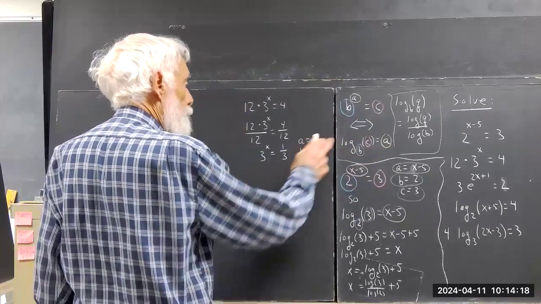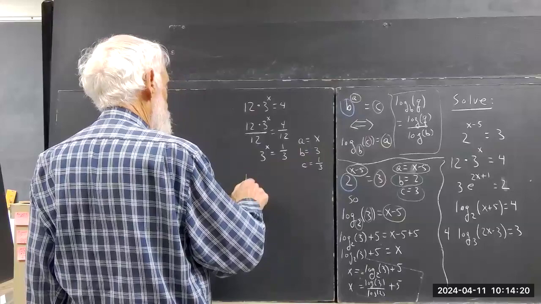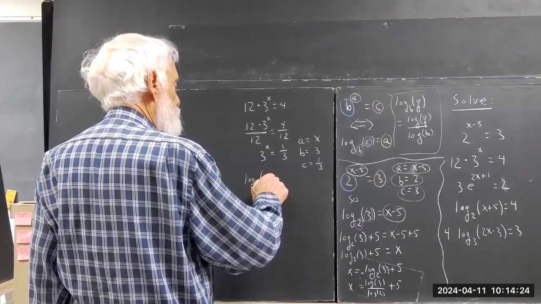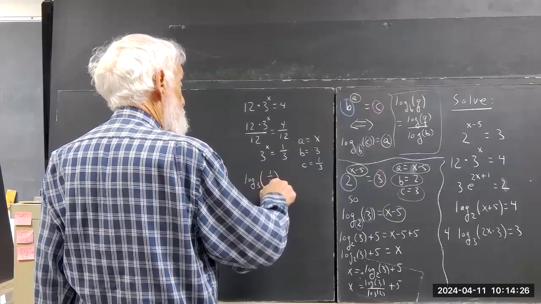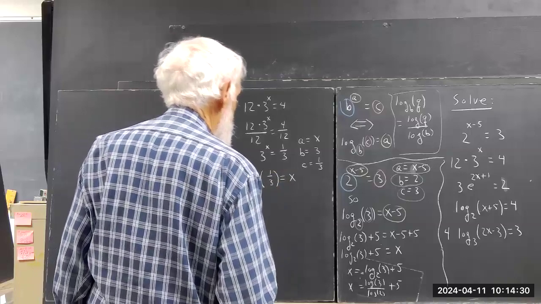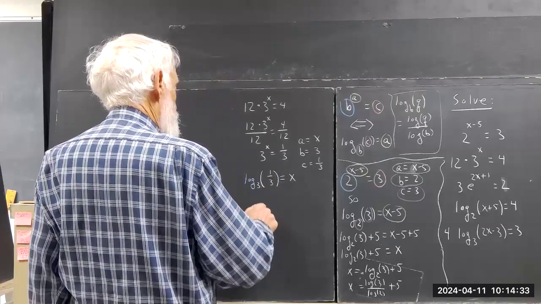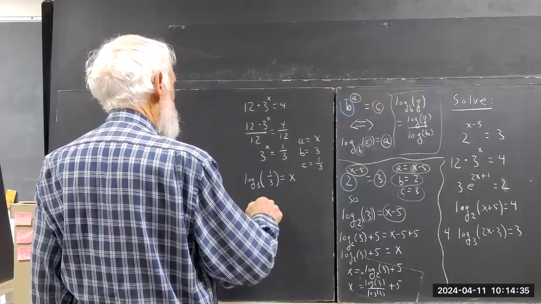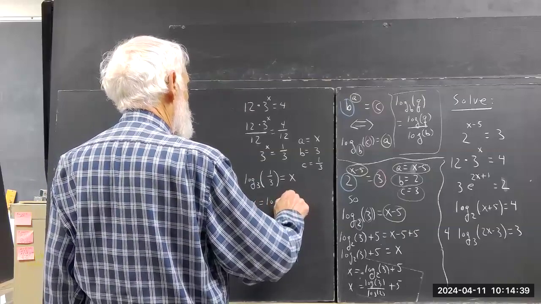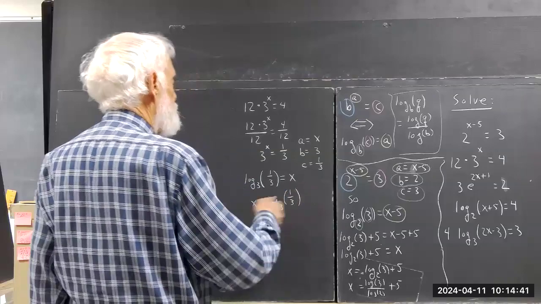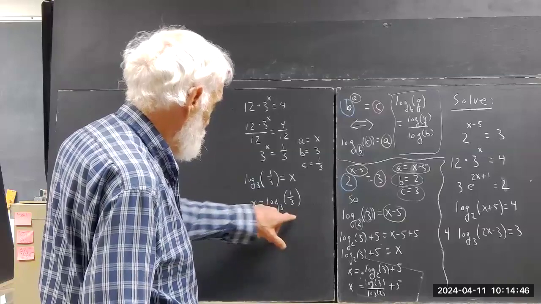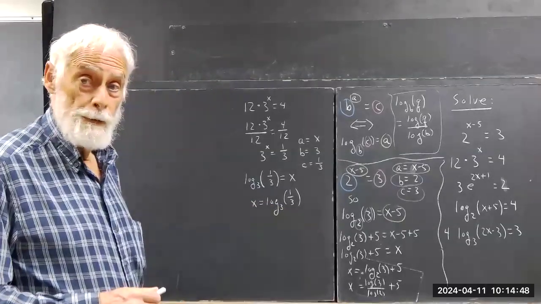We see we have log base b, b is 3, so it's log base 3 of 1/3 equals x. So x equals, write it out with x on the left. That's not necessary, but people like to see it this way, and you probably do too, so I'm going to write it out this way.